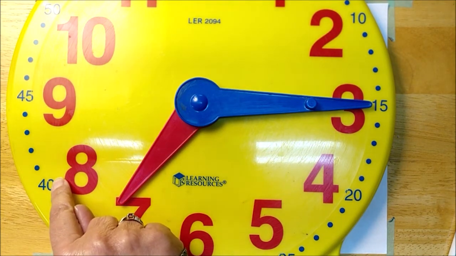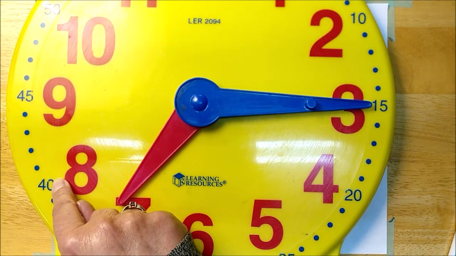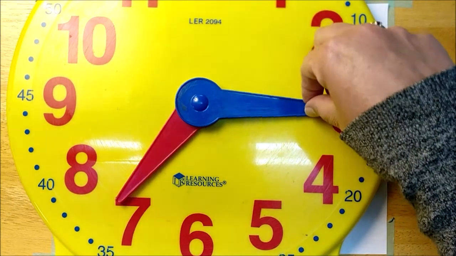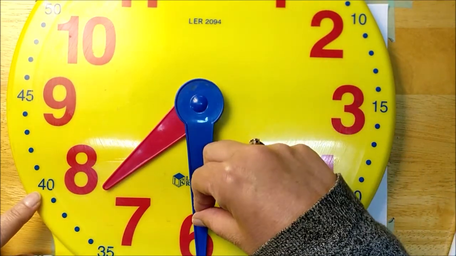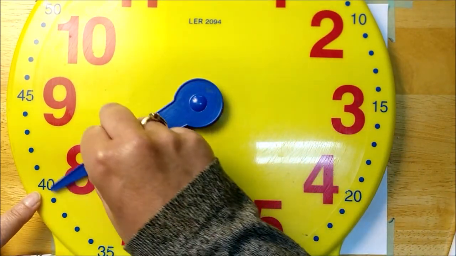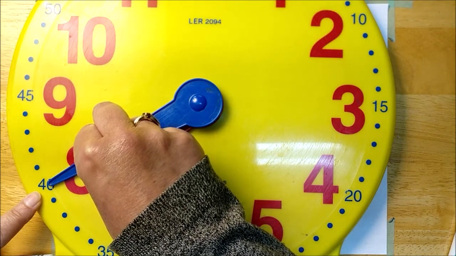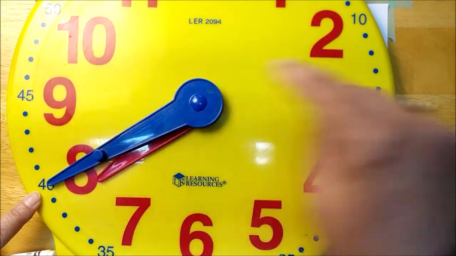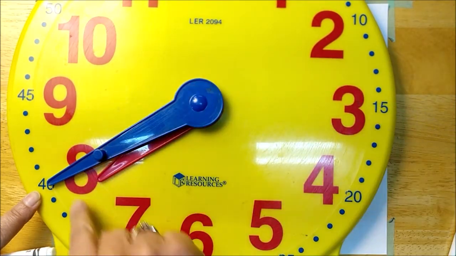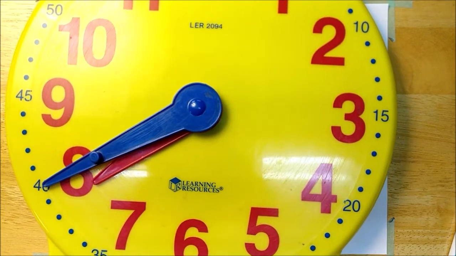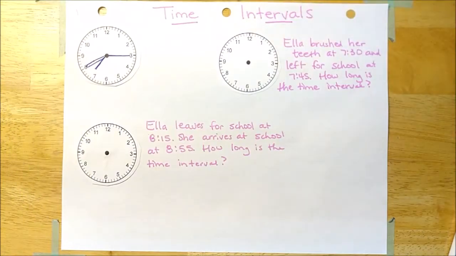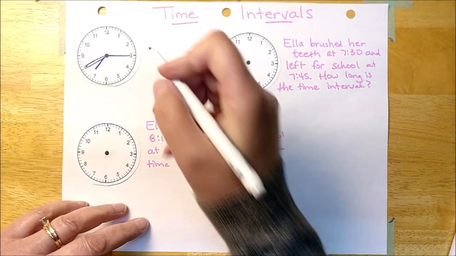Let's count that time together. If we're moving there, we're going 5, 10, 15, 20, 25. So to get from 7:15 to 7:40, that would be an interval, it's called an interval, of 25 minutes.